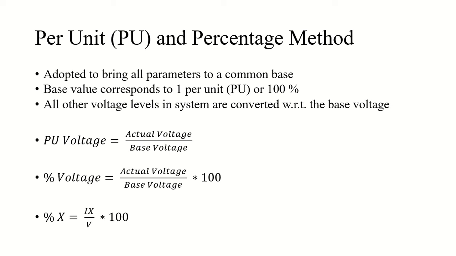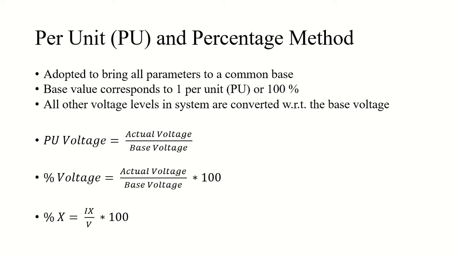So simply, if you have a whole power system with a large substation, you have so many different components over there, so many transformers with different ratings. You have CT, you have PT, you have power transformer, and you have everything.